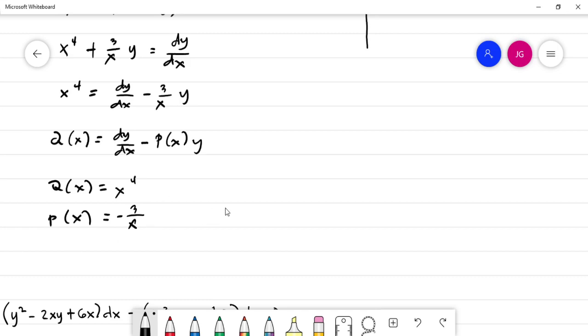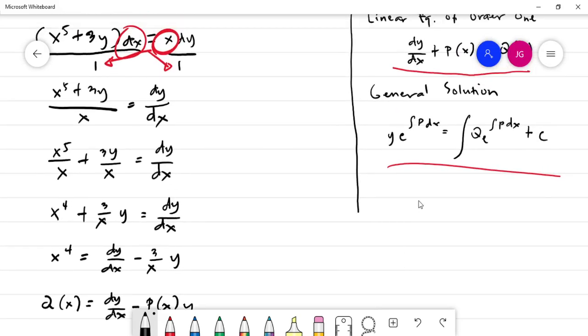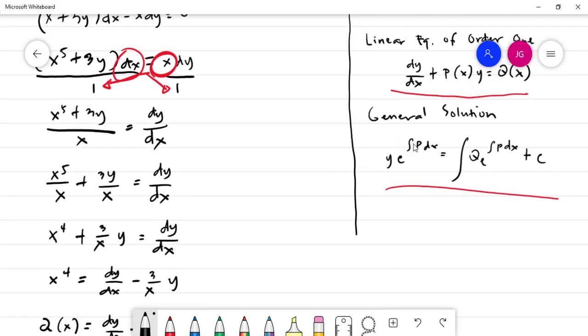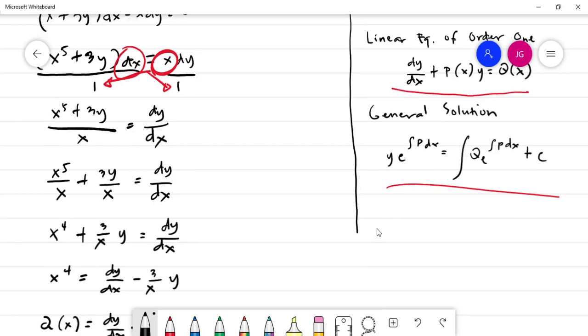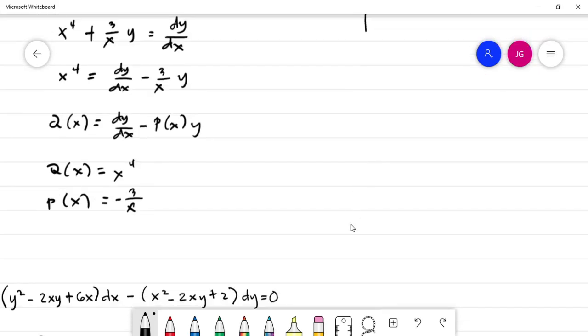Okay, so now we need the integration form. Take note, when you see this in the task guys, it is the integration of p dx.